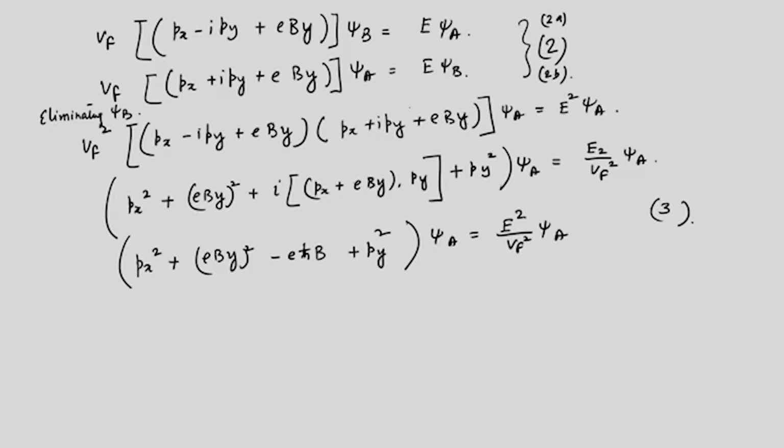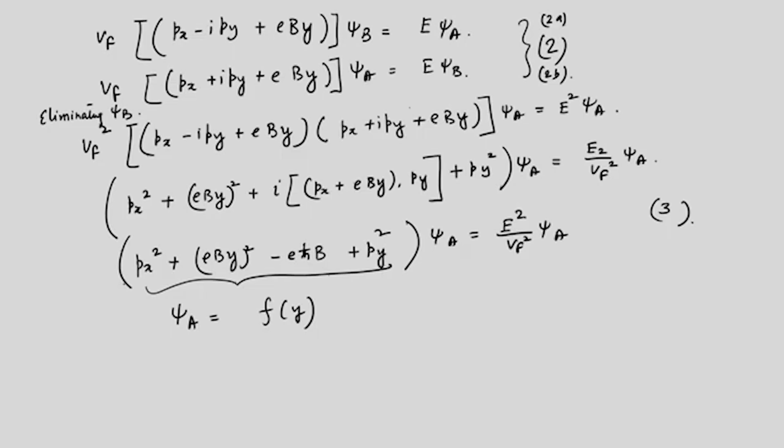So, one has to remember that Px does not commute with x, and so on. The solution of this would be like psi a equal to some f of y, which is some function of y. This is a free particle motion in the x direction, because there is no x inside the Hamiltonian term, that is this term here, there is no x, but there is a y.